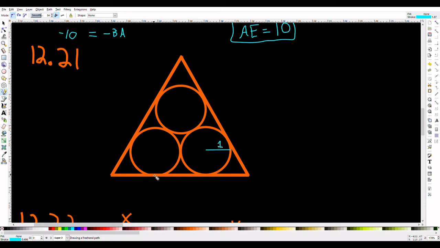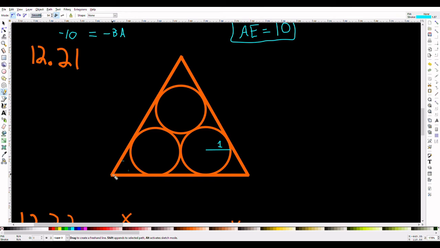I mean, we know that from this tangent to this tangent is 90, maybe? I'm not sure that we can prove that at this point. But what about the angles of this triangle? What are they equal to? All equilateral triangles, their angles equal 60 degrees.